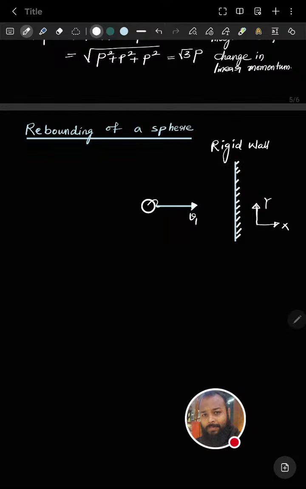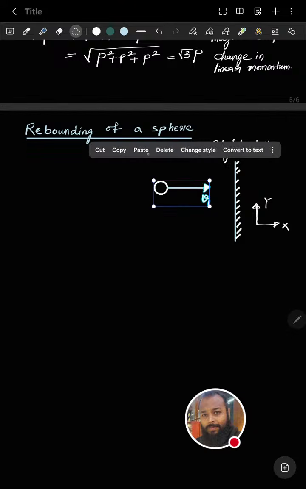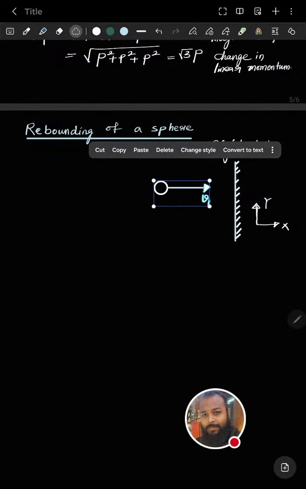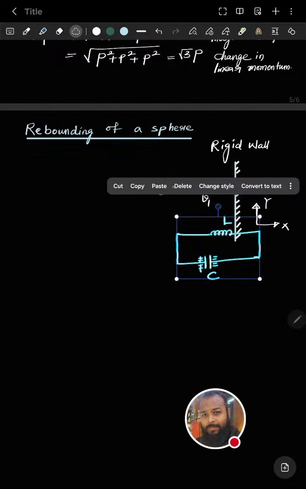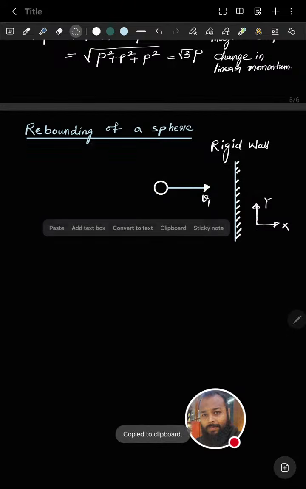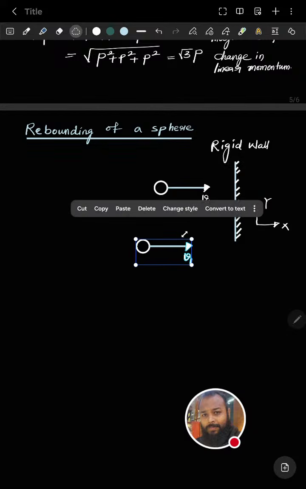So the sphere which is going with velocity v1 here will hit the wall and it will rebound. So it is hitting the wall.